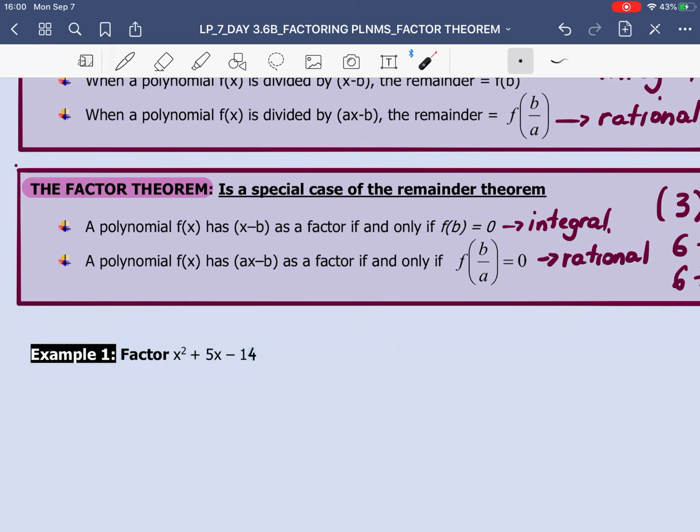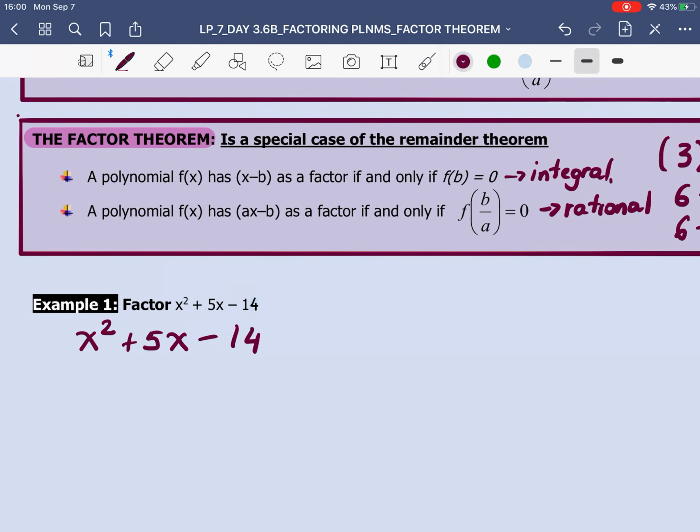So let's get started. If you were to factor this polynomial, then you would say that this is an easy trinomial to factor, x squared plus 5x minus 14. And when I say an easy trinomial to factor, I mean it's a trinomial where the coefficient a is 1.